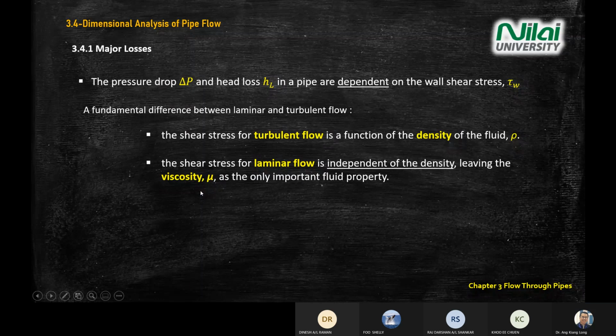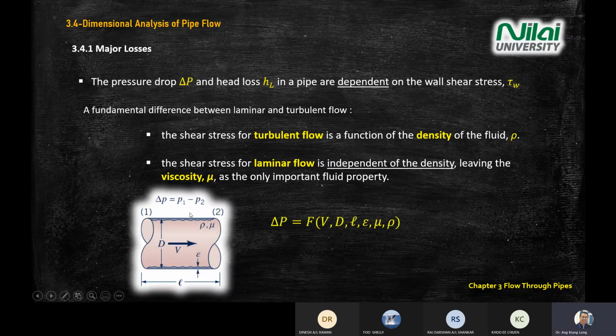And the rest you can read from the screen here. So this is from the dimensionless analysis that you did in your 3179. Okay, so delta P is a function of velocity, diameter, length, the condition of the surface, and the dynamic viscosity of the pipe here.